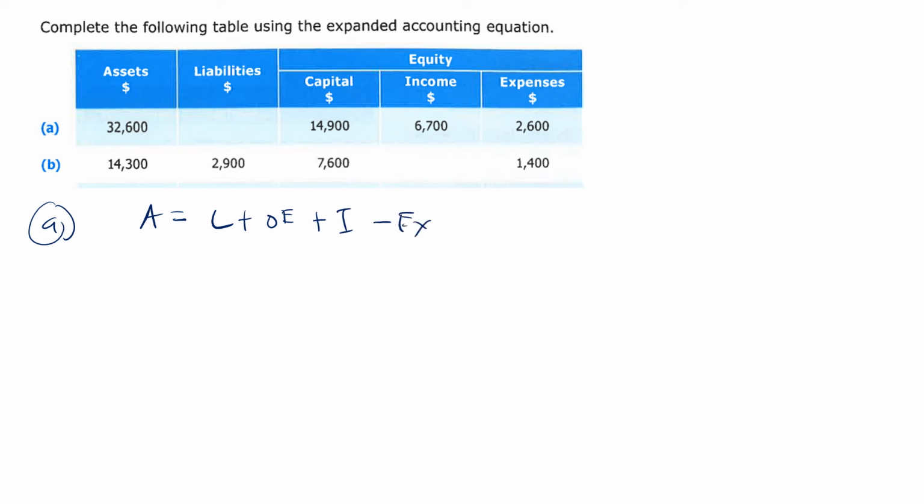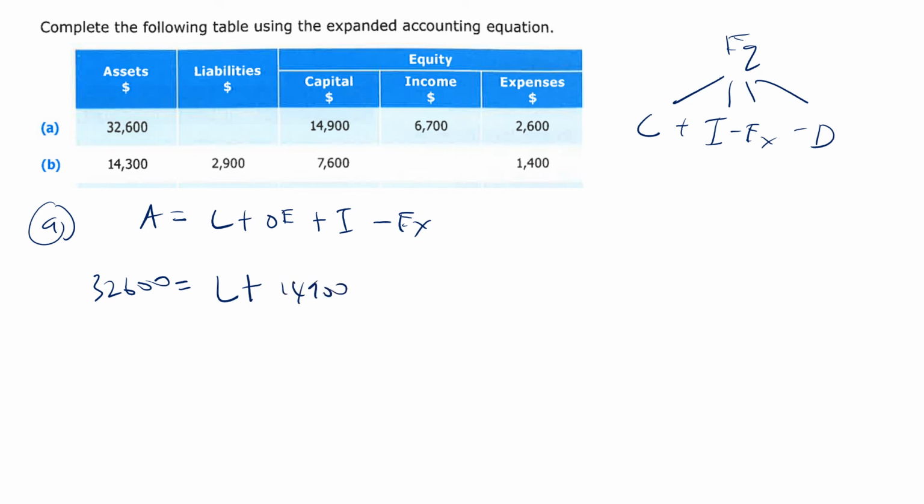But equity is actually a very big umbrella, which comprises, let's just draw it here, okay? Equity is actually made up of 4 things. It's made up of capital plus income minus expenses minus drawings. So that's what equity essentially is all about. To find the figure for liabilities here, we are going to substitute the figures: 32,600 equals L plus 14,900 plus 6,700 minus 2,600.